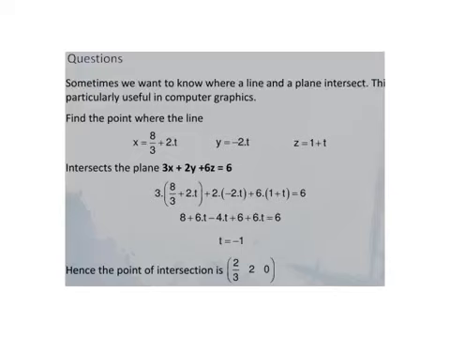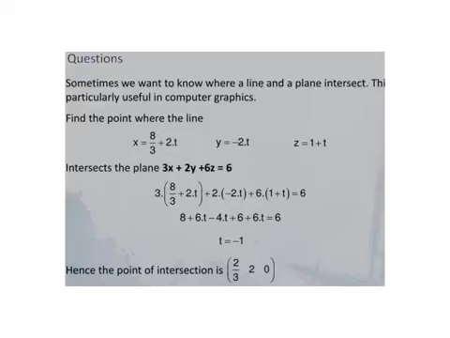Now the solution: substituting the values of x, y, z in the equation of the plane, we are left with 3(8/3 + 2t) + 2(-2t) + 6(1 + t) = 6. After solving this equation, we are left with 8 + 6t - 4t + 6 + 6t = 6.